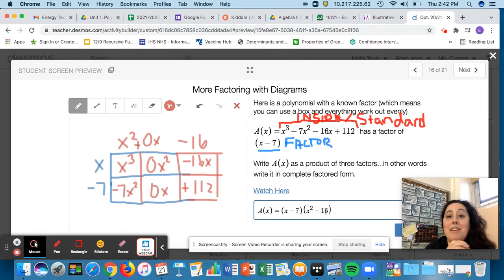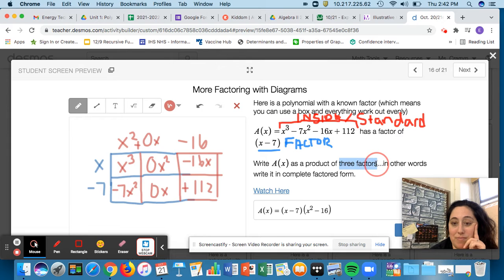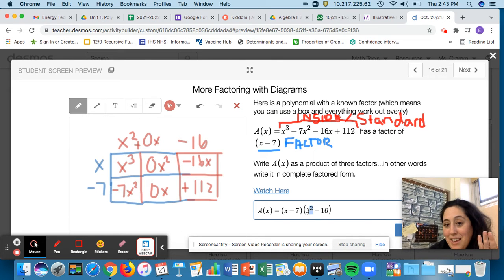I've used the fact that they've given me a factor of x minus 7. But they want this to be a product of 3 factors. All right? So I actually need to keep x minus 7. But this, if you look, it's got a square, right? So if I just were to look inside this factor, I would see that there's like a quadratic inside of that factor.